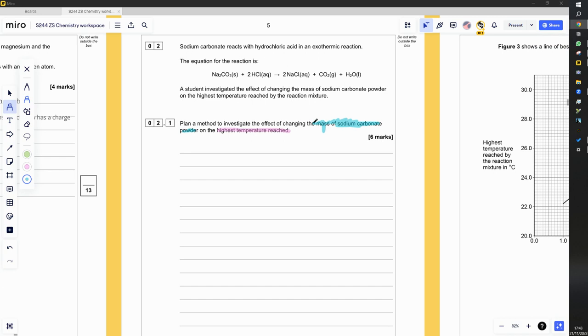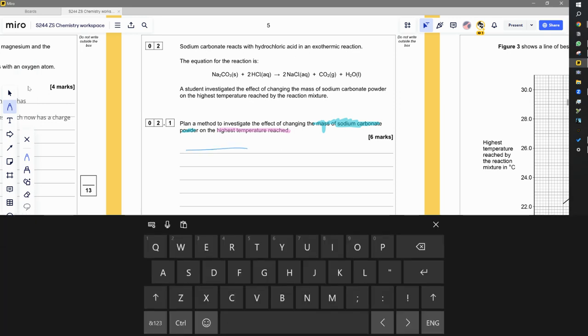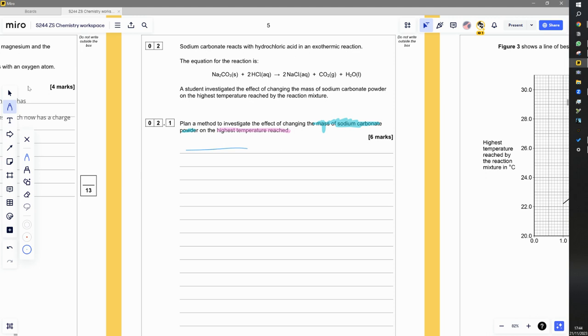It says you're changing the mass of sodium carbonate powder, and you're investigating how changing the mass of sodium carbonate powder will affect the highest temperature reached. So really, you want to write something along the lines of, I'm going to change the mass of sodium carbonate powder, and then this is the highest temperature.